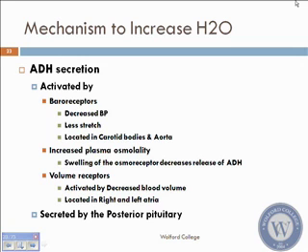So there are three mechanisms that lead to ADH secretion and activation. The baroreceptors sense decreases in blood pressure by sensing less stretch, and they're located in the carotid bodies and the aorta. We'll go into more detail later on in endocrine. As for increased plasma osmolality, it's a swelling of the osmoreceptors, which actually decreases the release of antidiuretic hormone.